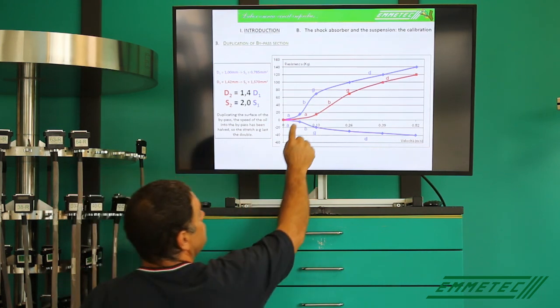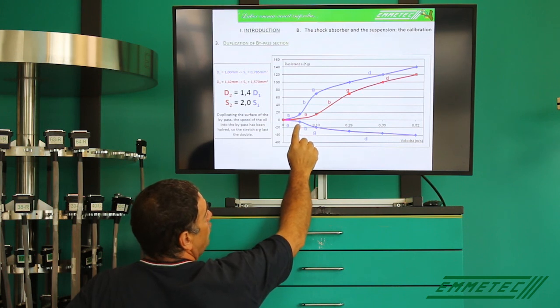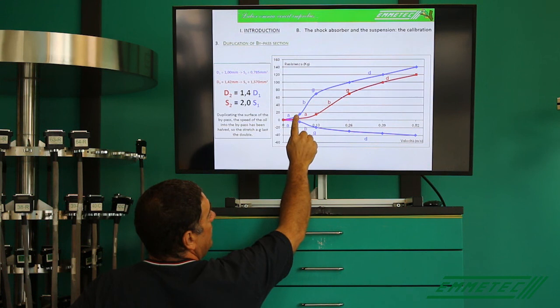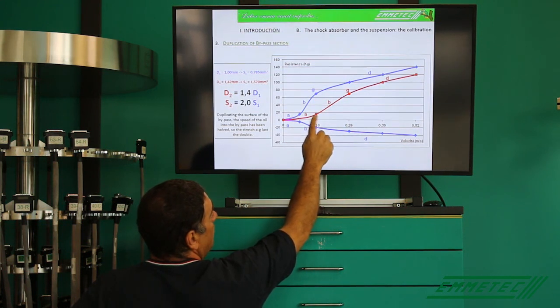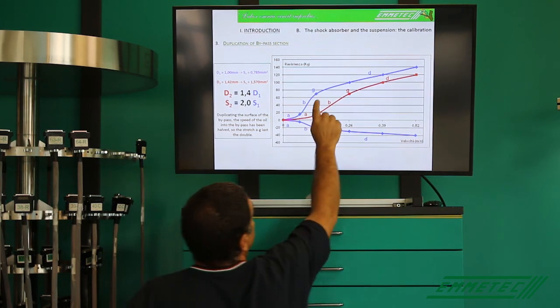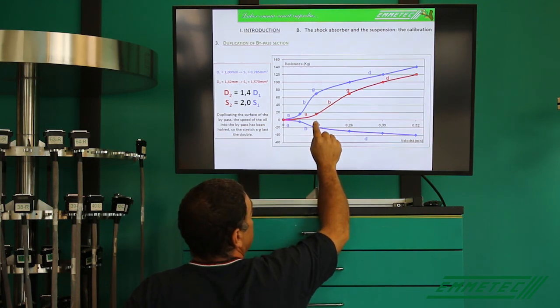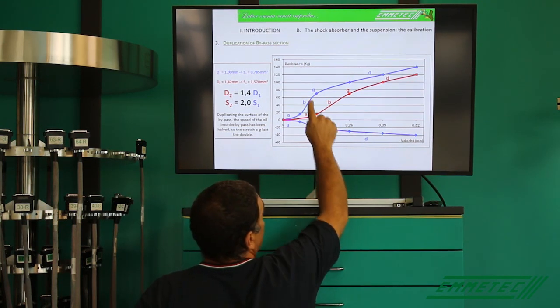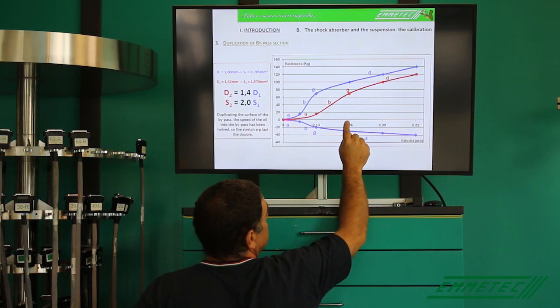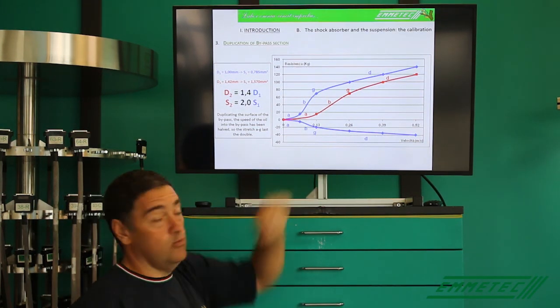So suppose that we have this value at 0.065 meters per second. Now the same value of force will be achieved at 0.13 meters per second. Suppose that the 70 kilos were achieved at 0.13 meters per second, now will be achieved at 0.26, and so on. So the new diagram will be the red one.